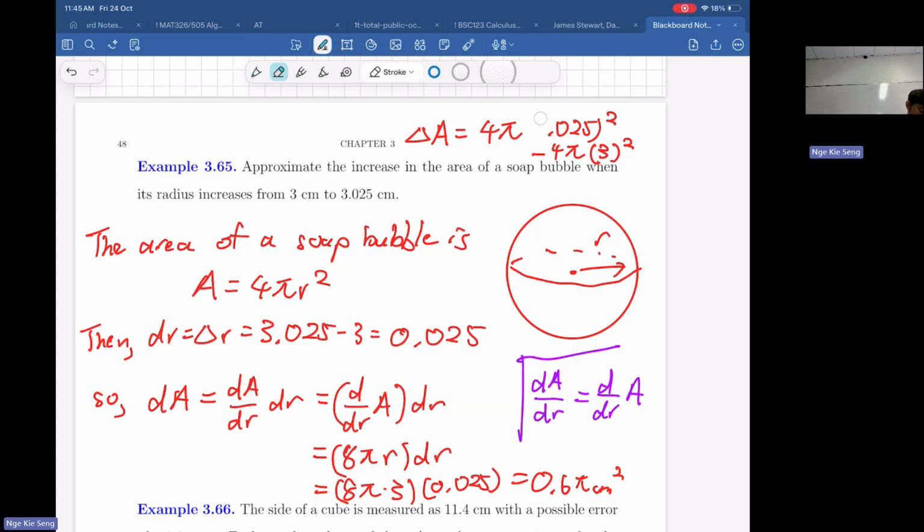Sorry, this one is 3.025. Can someone compute what this is, maybe with 4 pi? Maybe tell me what is 3.025 squared minus 3 squared. Can someone tell me this? Calculator. What do you get? 4 pi times what?